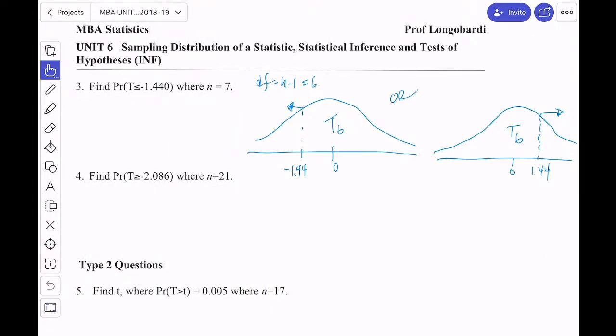And so this is 10% over here. So then, of course, this is 10% by symmetry. So the answer is, now if you just draw it, I'm happy. I'm very happy if you just draw what you're doing.